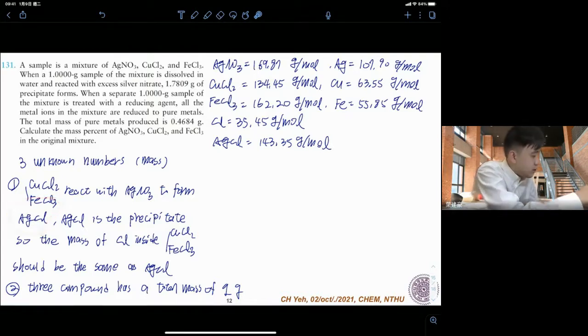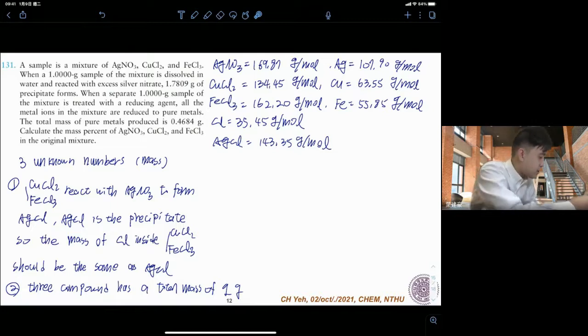With the total mass of the silver chloride, we can find the mass of chlorine inside it. 我们可以从氯化银的总质量去推算，在原来的混合物中有多少重量的氯。We can infer from this how much mass of chloride is inside the original mixture. All right? So this is the first clue.